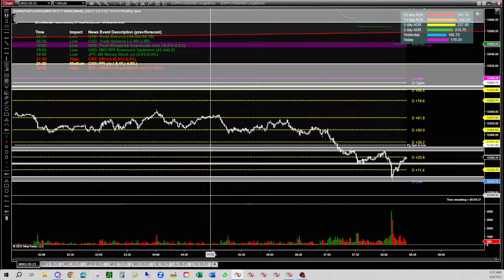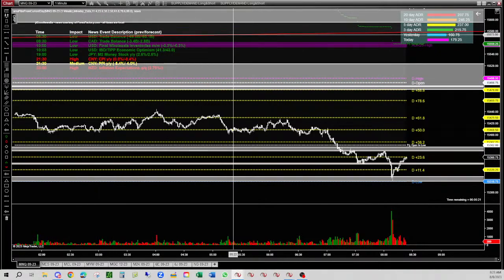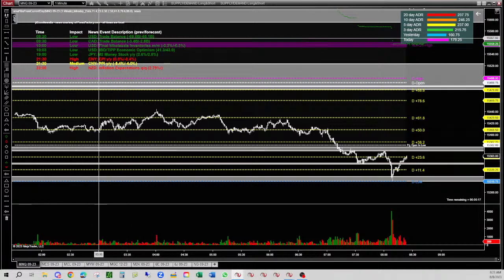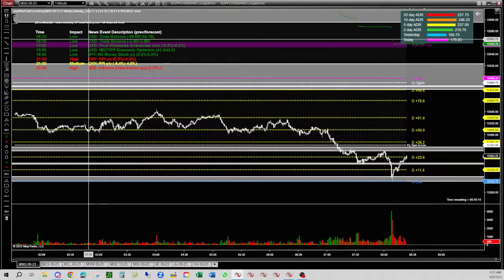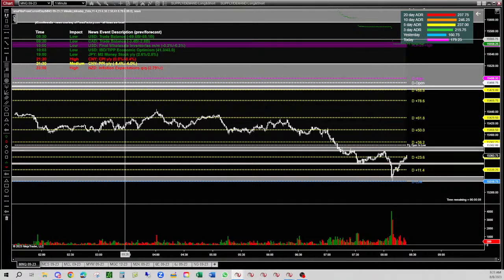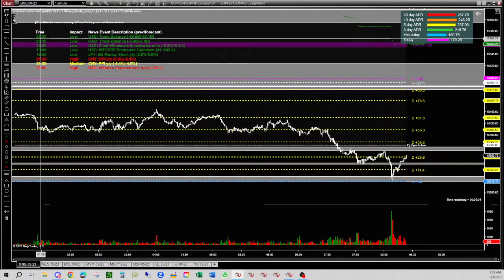So that noise that you guys are hearing is this indicator here that lets me know when news is about to happen. We have 8:30. It gives me a notification 10 minutes in advance, which is how I have it set. Then also color wise, I have it set like that as well.